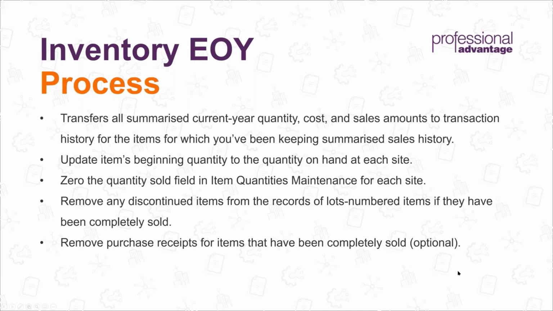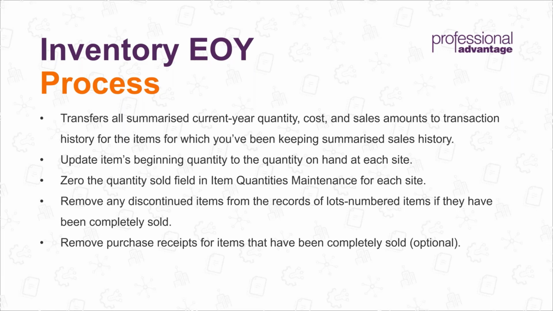Now, what actually happens when we do the year-end process in the inventory module, right? GP is very busy, even though the year-end close window looks quite simple. Just a few tick options there for you to tick, and then you can press one button to kick off the year-end process.